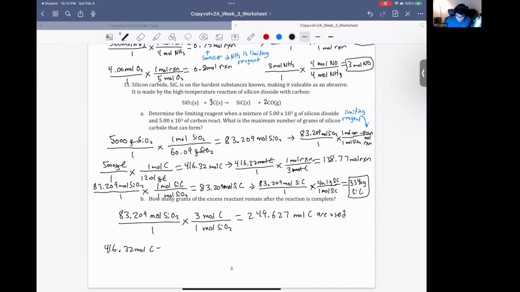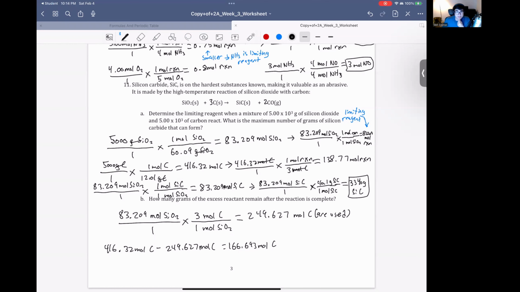And we end up getting, let's see, 166.693 moles of carbon, right? Let me move this over. This other one has a unit again of moles of carbon, right? Because that's how much we used up.